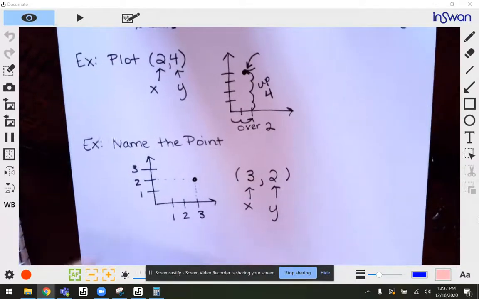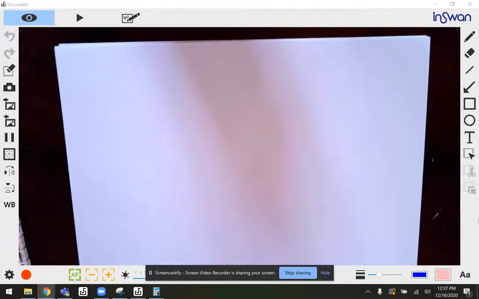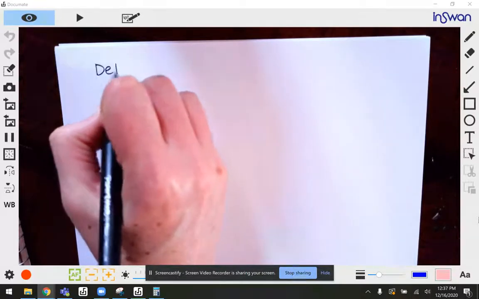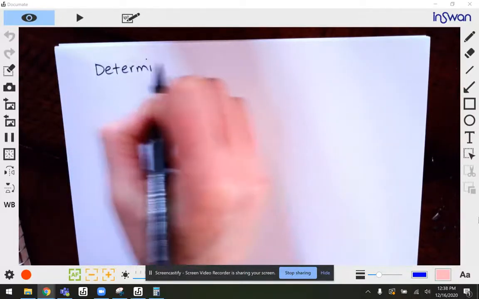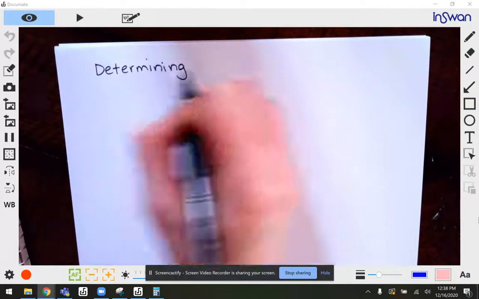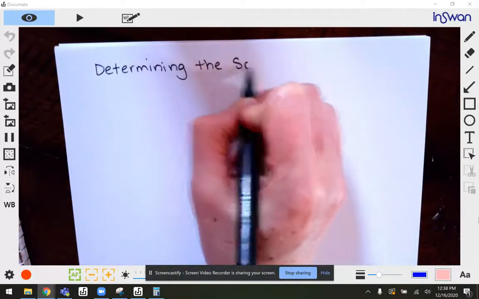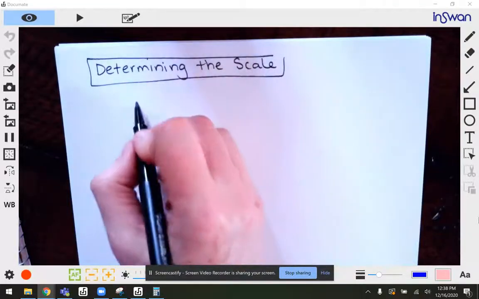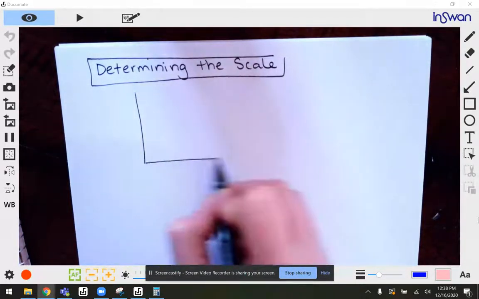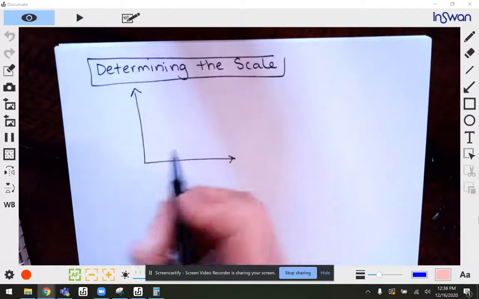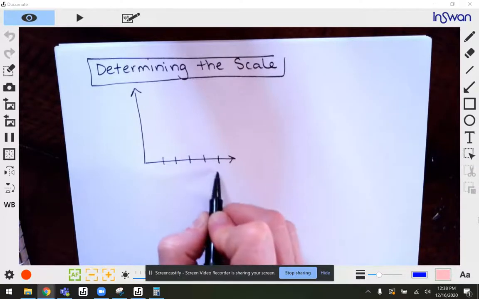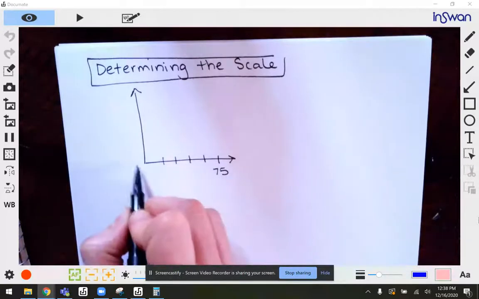All right. So another thing that we need to keep in mind when we're using graphs to find the unit rate is determining the scale of the graph. So oftentimes you'll see a graph that looks something like this, and maybe it has 5 tick marks, and it only has the last one labeled.